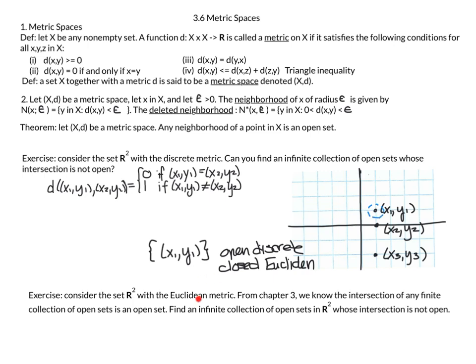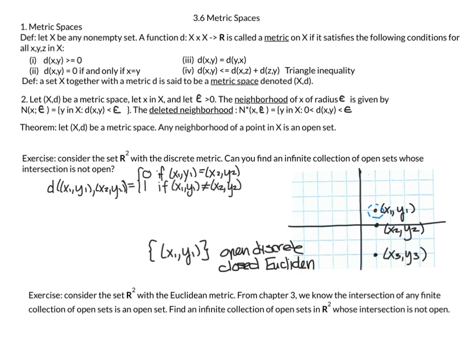Using the Euclidean metric, there's no way I can draw a neighborhood, no matter how tiny, that won't include some other ordered pair, (x2, y2), or in this case (x4, y4), because the real numbers are really dense. There's just no way I can draw a little neighborhood around (x1, y1) that doesn't include other points outside this set. For that reason, when you use the Euclidean metric, a single point is closed.